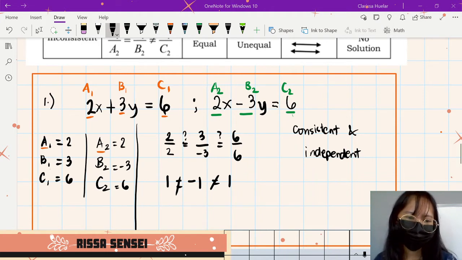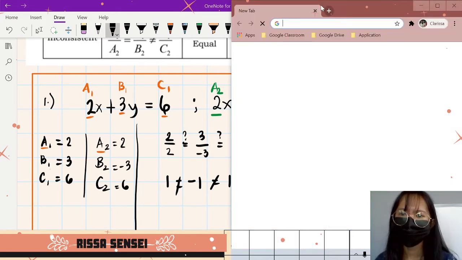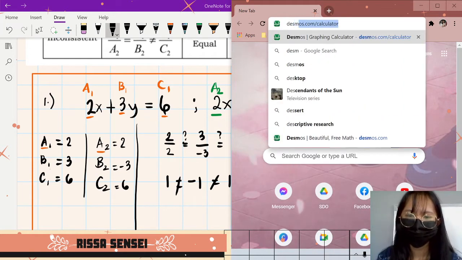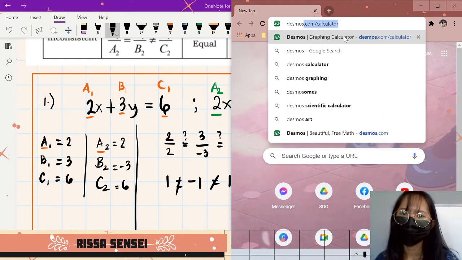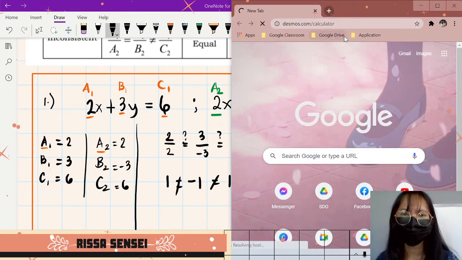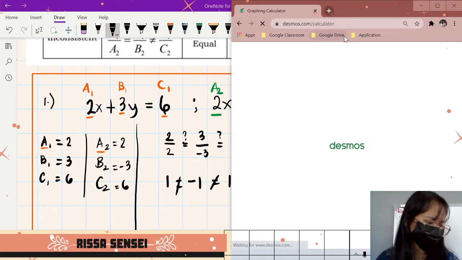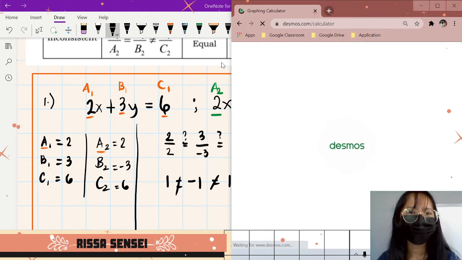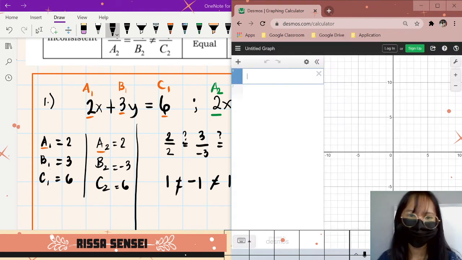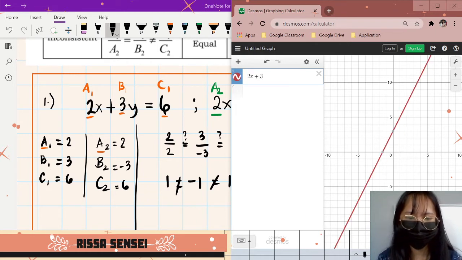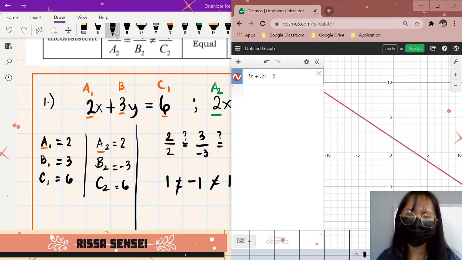So let's try to graph. I-graph lang natin. Let's wait. Yes. So let's graph 2x plus 3y equals 6. So, yung red na yan, ito yung graph ng 2x plus 3y equals 6.